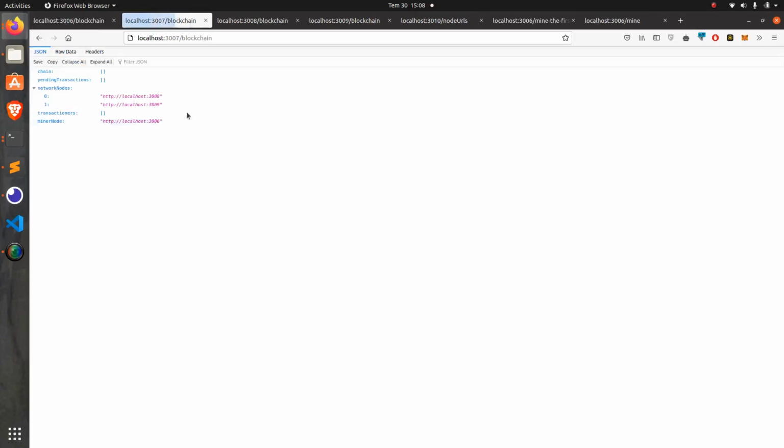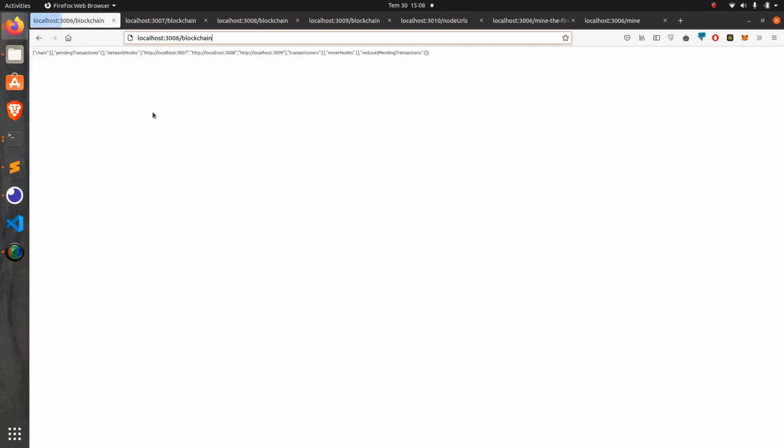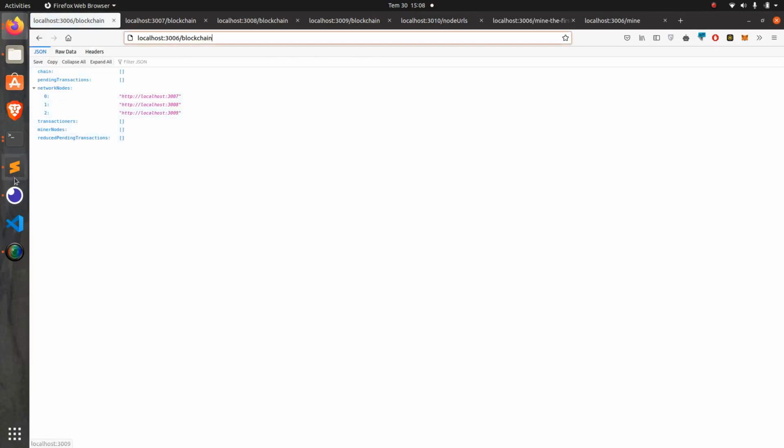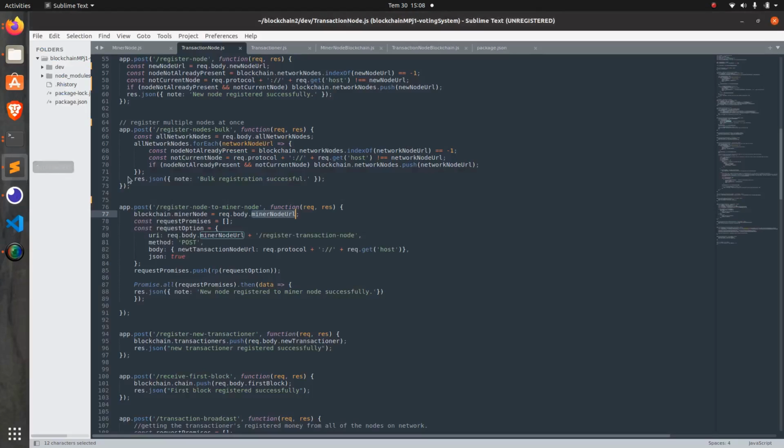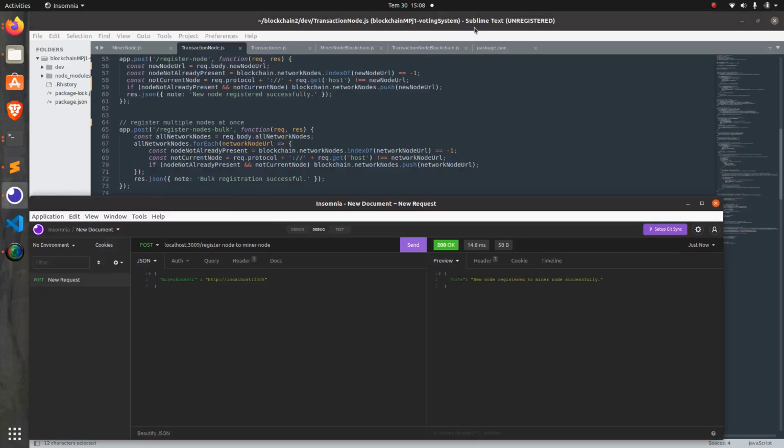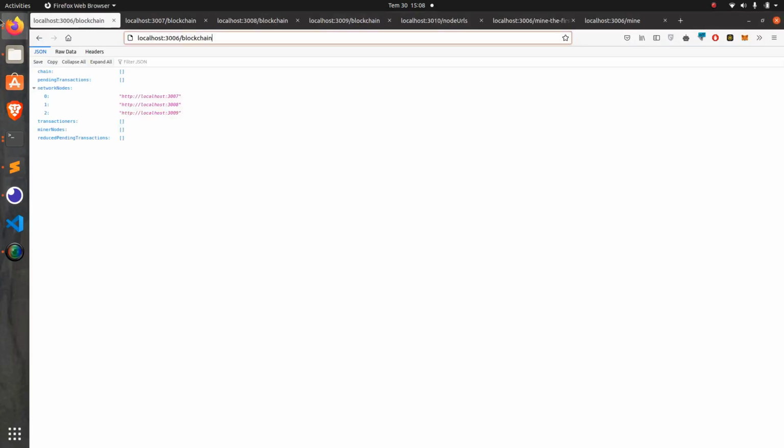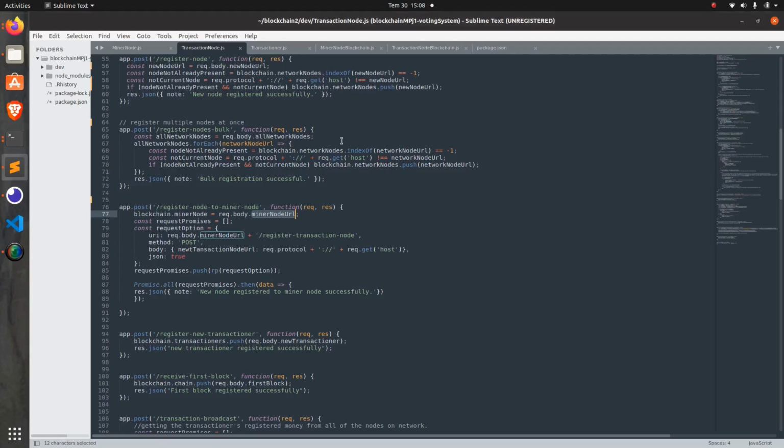Now, for example, it has a miner node, and the miner node also knows its transaction nodes. Doing the same thing for the other subnetwork. Now they are also connected.